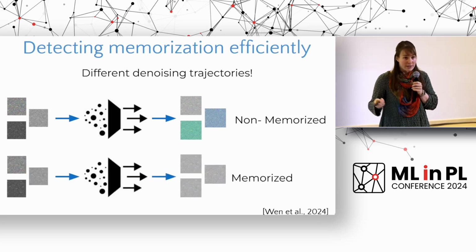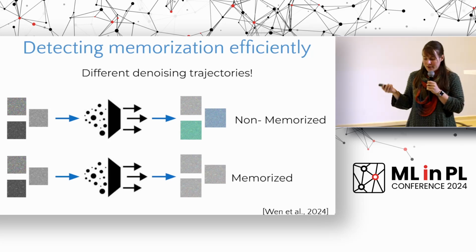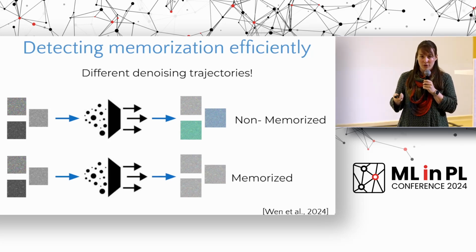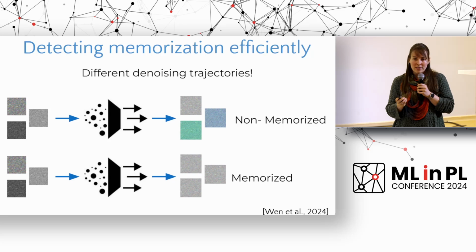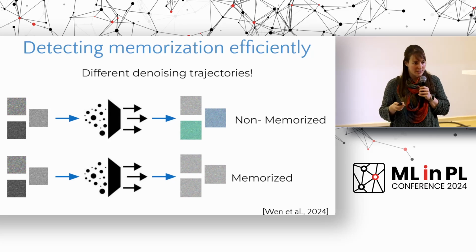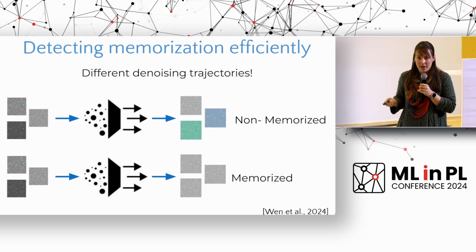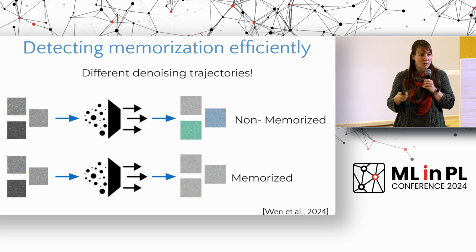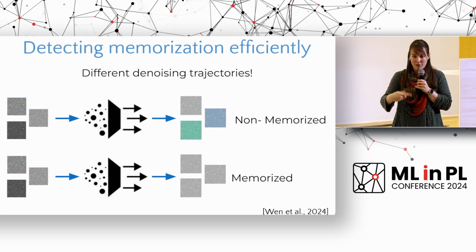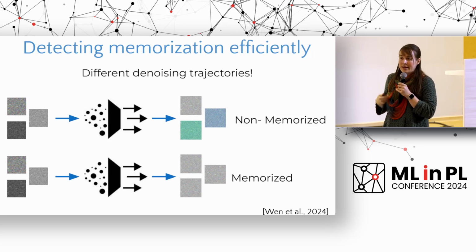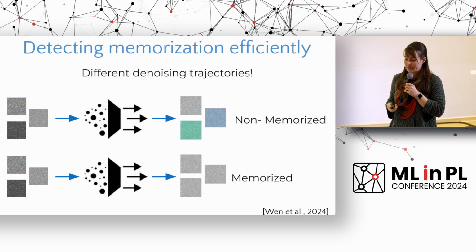But with memorized samples, if you give different input noises, it will still always choose the same denoising trajectory, because it overfits that image. It always pushes you back to that training image. So the consistency between the first noise predictions is much, much higher for memorized samples.